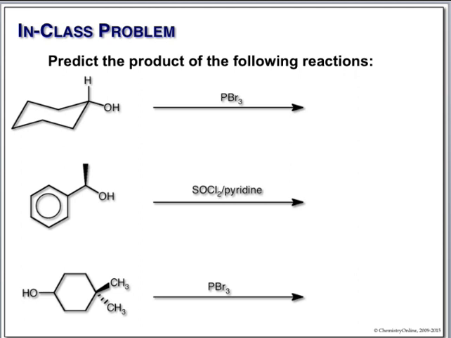We know that this will go with inversion of configuration, but it's not a chiral center, so it doesn't matter. Here we have thionyl chloride and pyridine. Now we remember, thionyl chloride and pyridine is going to give us the alkyl chloride. So we're going to change that into a chlorine.